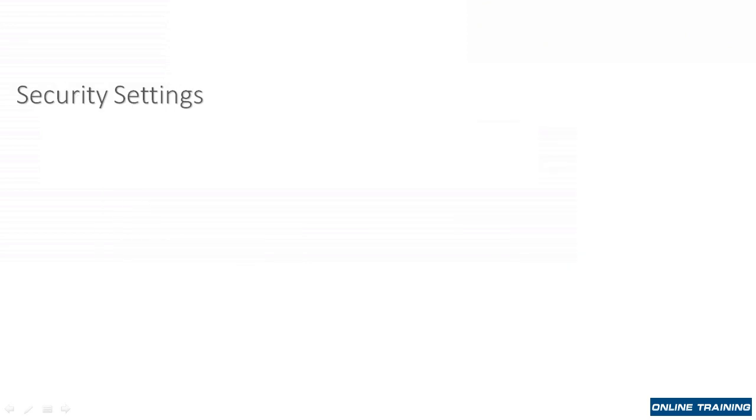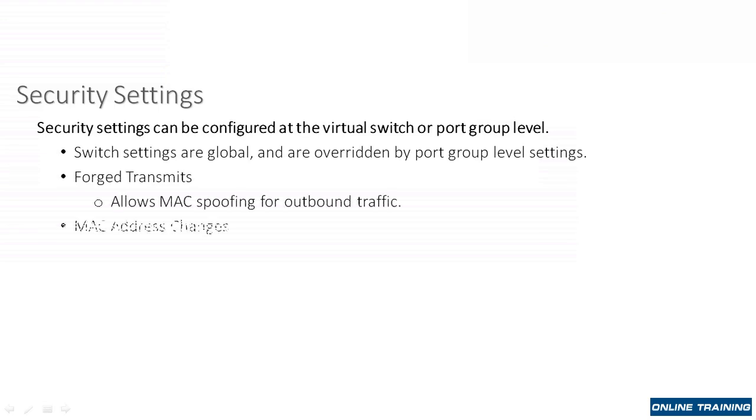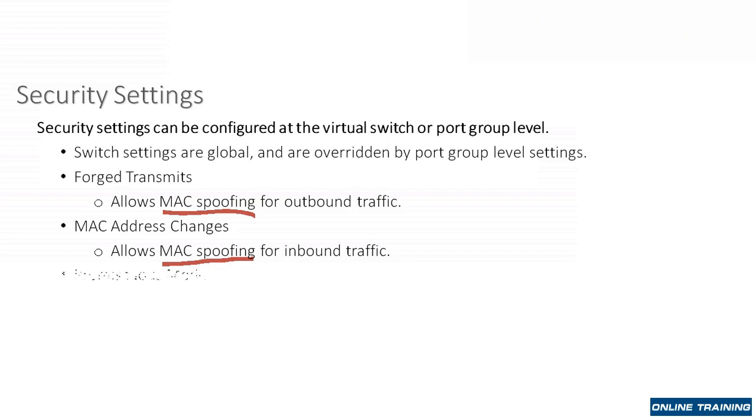And then there are a number of security settings that you can configure as well. They can be configured at the virtual switch level or at the individual port group level. We can set up things like forged transmits and MAC address changes. With forged transmits and MAC address changes, we're allowing MAC spoofing. If we want to allow our virtual machines to use fake MAC addresses that don't match up with their virtual NIC, we can do that.